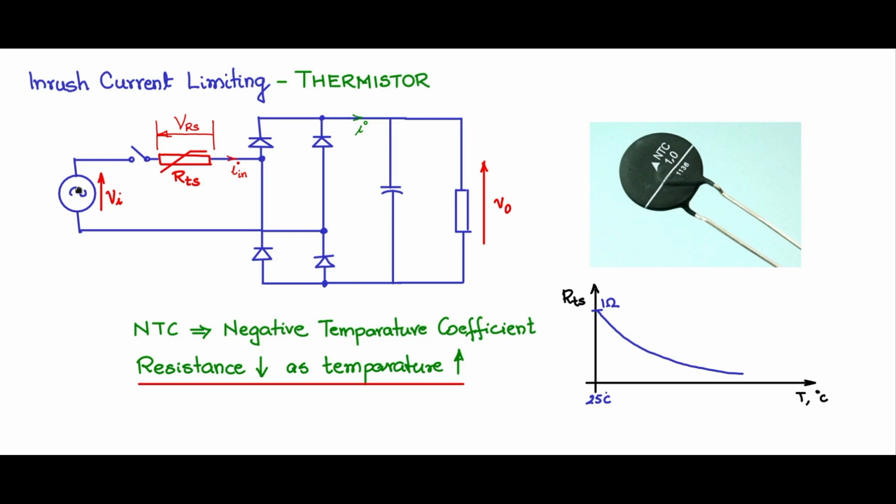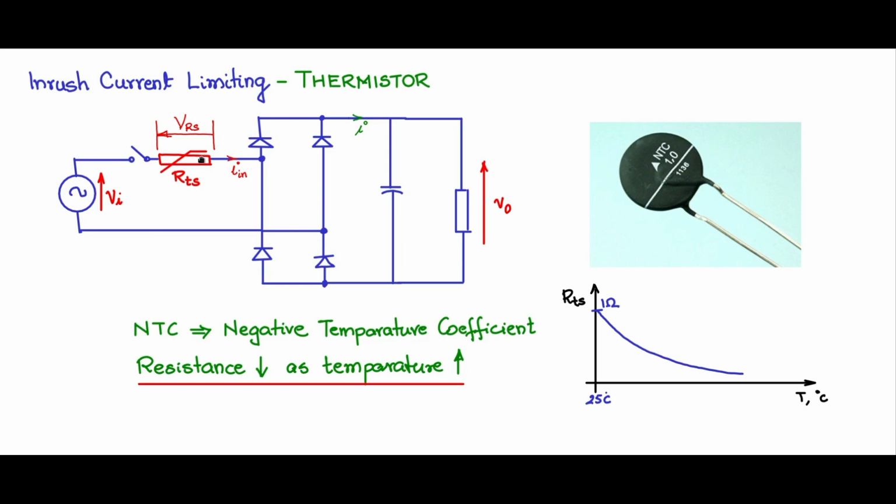Once the power goes off, the capacitor discharges, the capacitor goes to 0 voltage condition. If immediately within a very short time gap the power comes back again, the capacitor is in discharge condition, the thermistor has not cooled enough to go back to its cold resistance value, and therefore the current limiting at that instant will not be as effective.